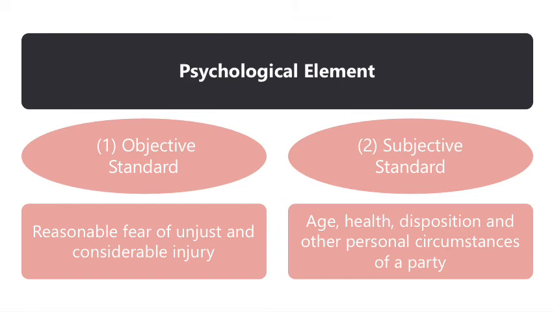And then it also looks at the subjectiveness of the psychological element. This includes the age, health, disposition, and other personal circumstances of a party that would validate their fear and show that they would have an actual and real fear in this situation as to amount to duress.